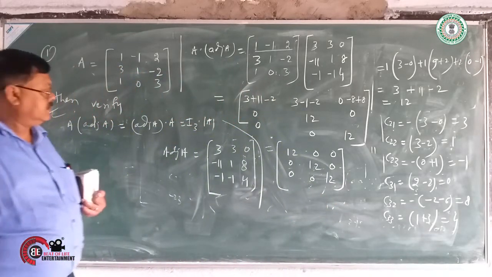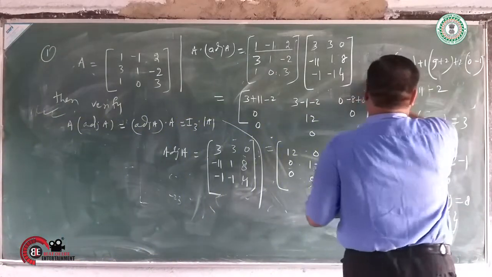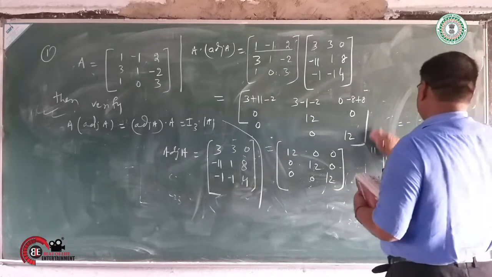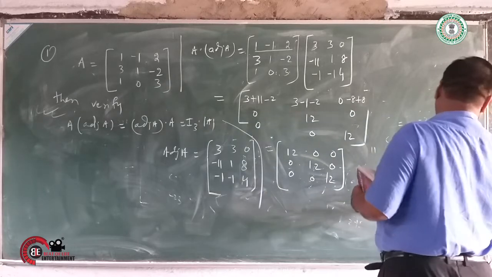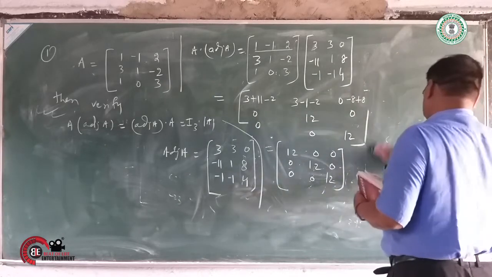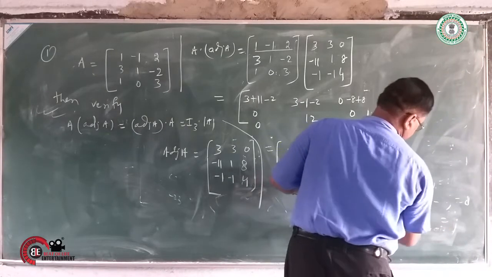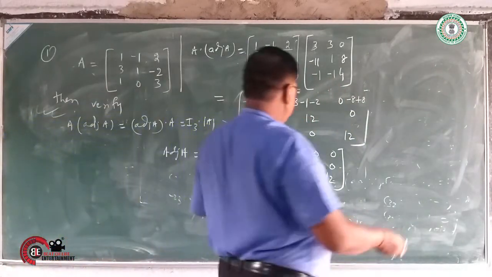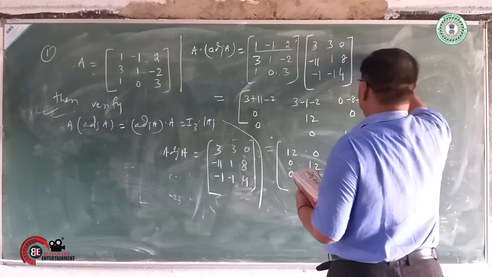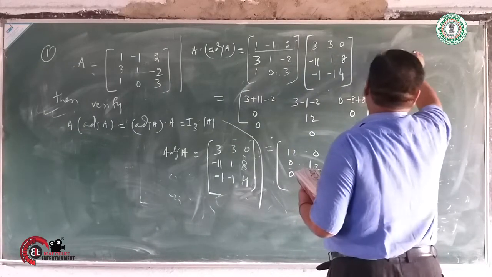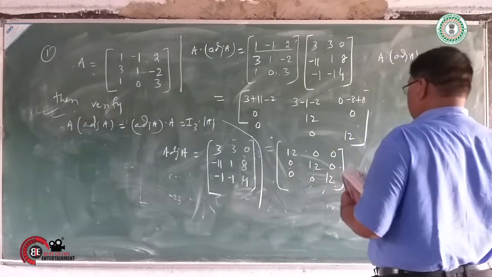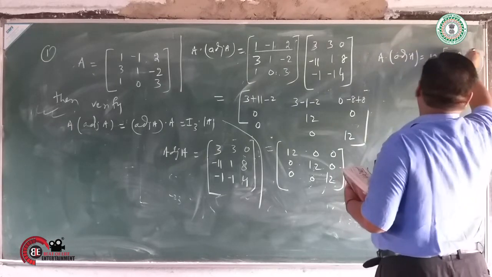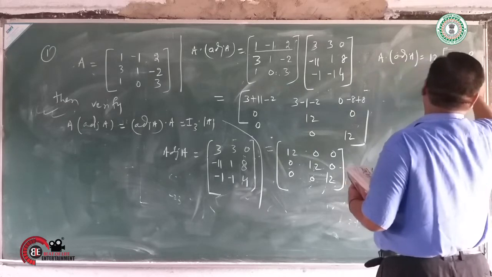So what are we getting? We see further that A into adjoint A, if we take 12 common, is 12 into [1 0 0; 0 1 0; 0 0 1].